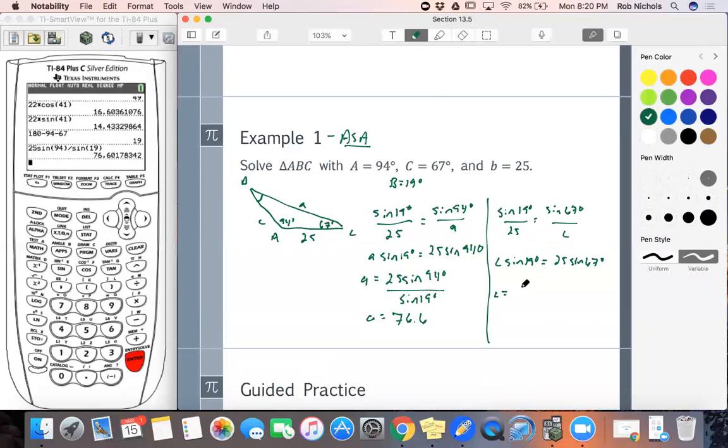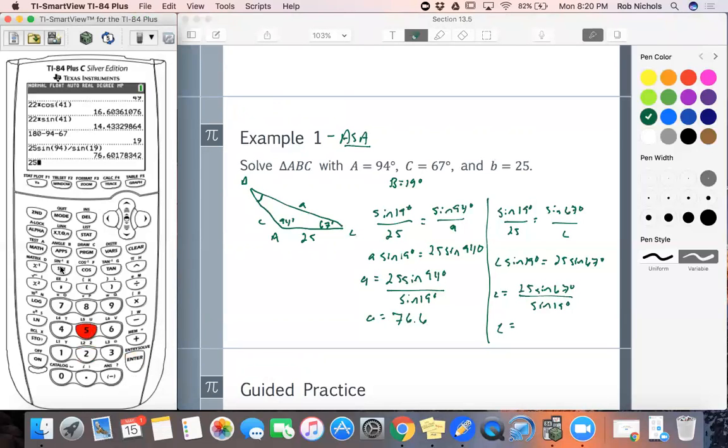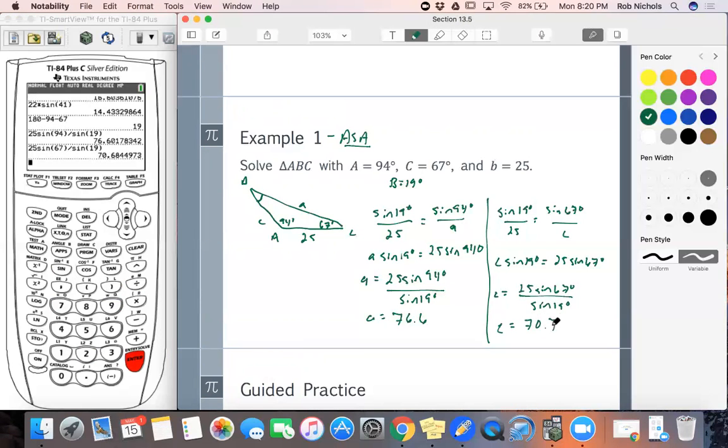So then C equals 25 times the sine of 67 degrees over the sine of 19 degrees. Let's go ahead and type that in: 25 times the sine of 67 divided by the sine of 19. And we get 70.7. And we are done.